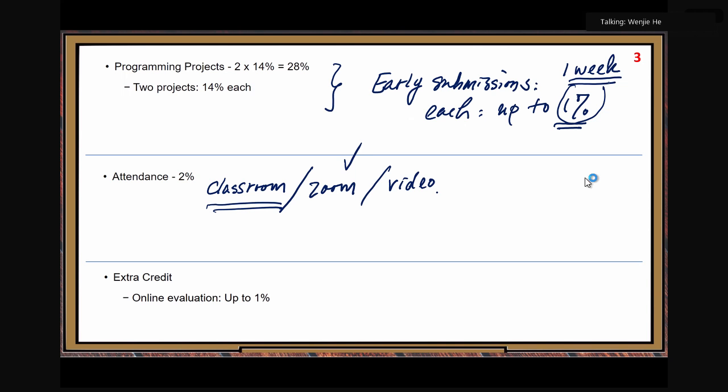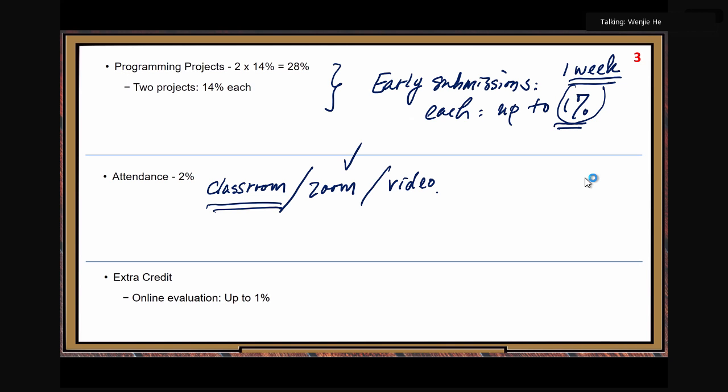Then 6 days earlier, I need to scale it: 6/7%. 5 days earlier, 5/7%, and so on. In that way, you can try to earn more extra credit.